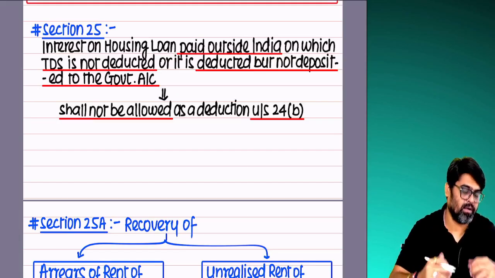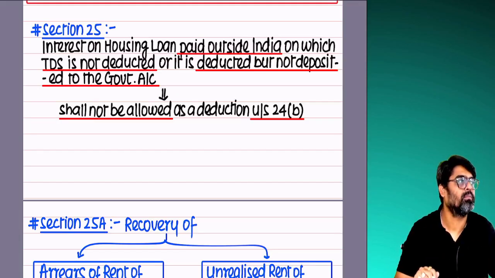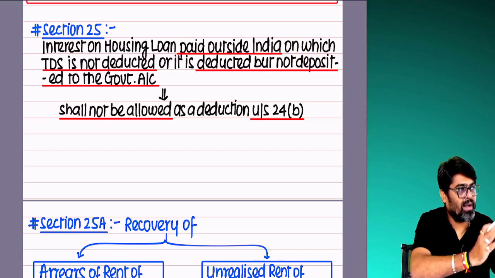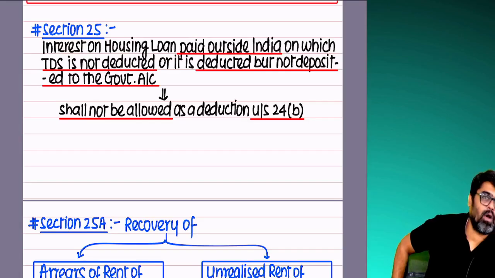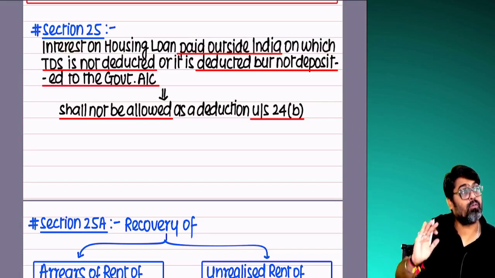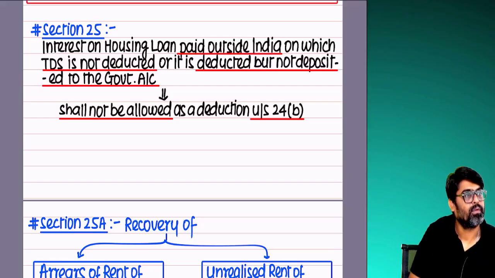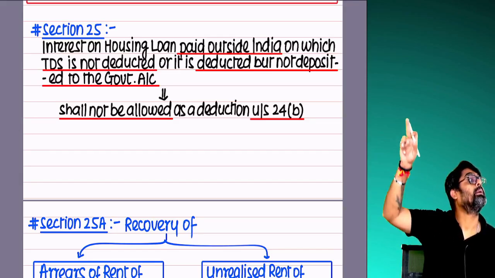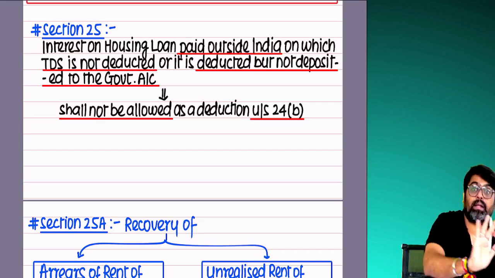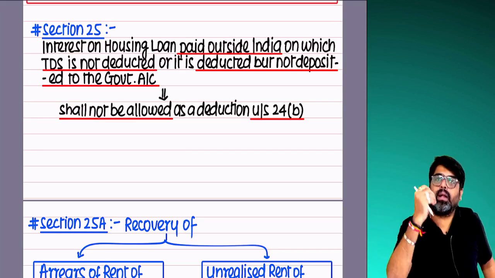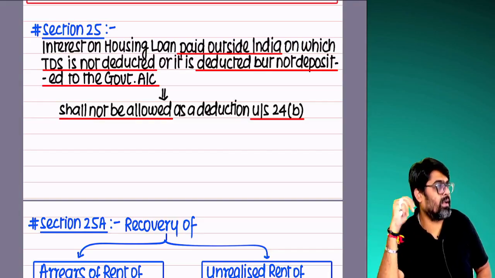How much will you deduct? We will tell you. For example, 10%. Suppose you are supposed to pay 1 lakh rupees interest. Will you give the full 1 lakh, or will you deduct 10%? So deduct 10%. You will pay 90,000 after deducting TDS. And what about the 10,000 which you have deducted?